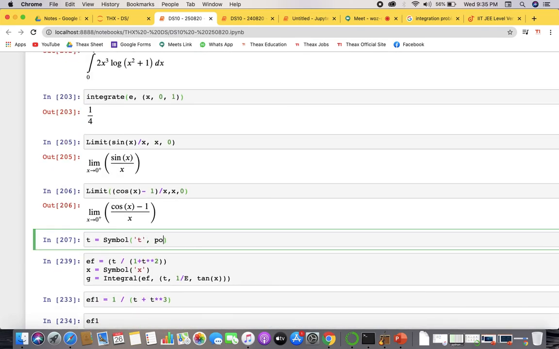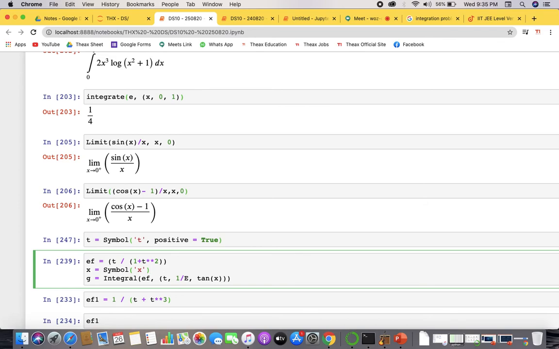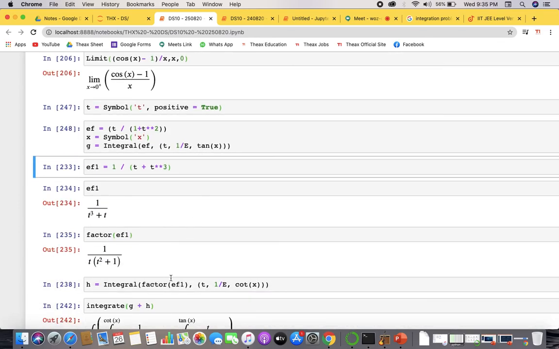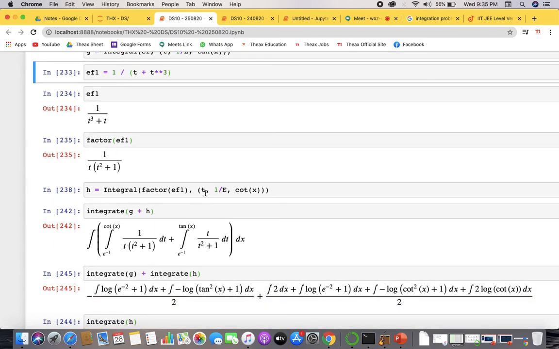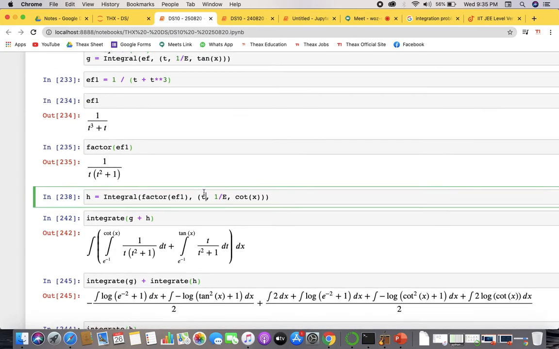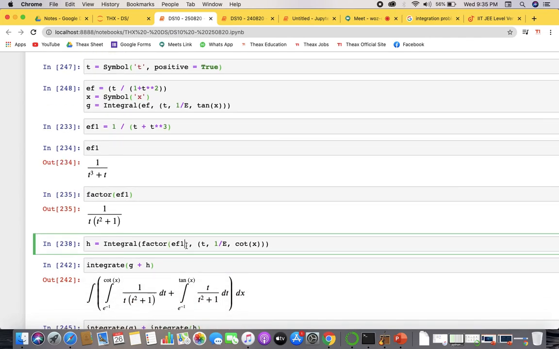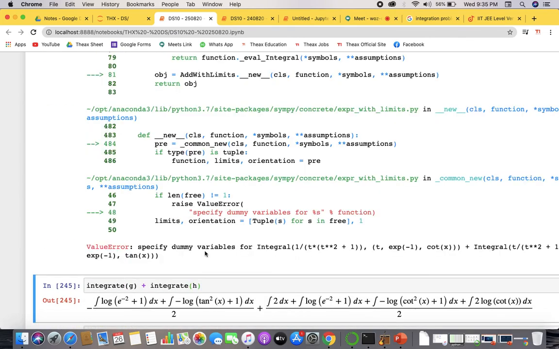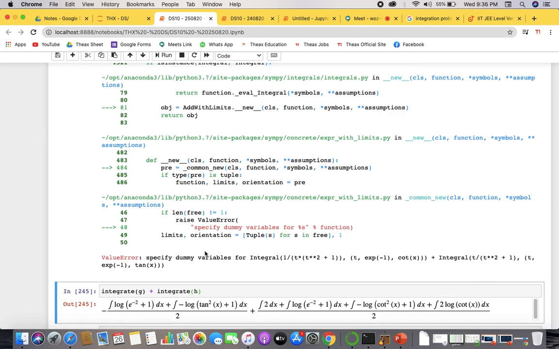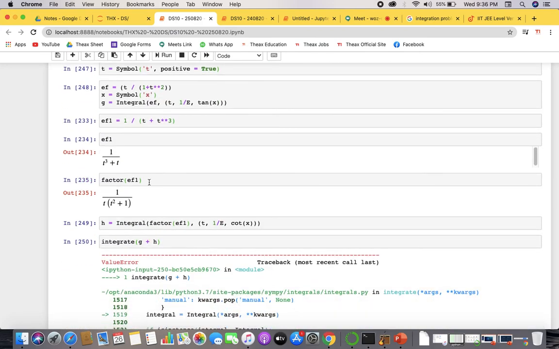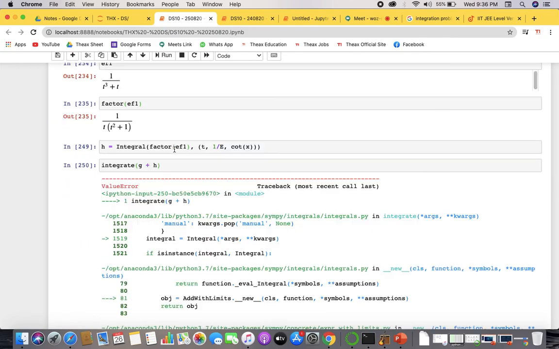Integrate g plus h, specifies dummy variable for 1 plus t. Yeah. So there were some errors between this t. What this t gives.